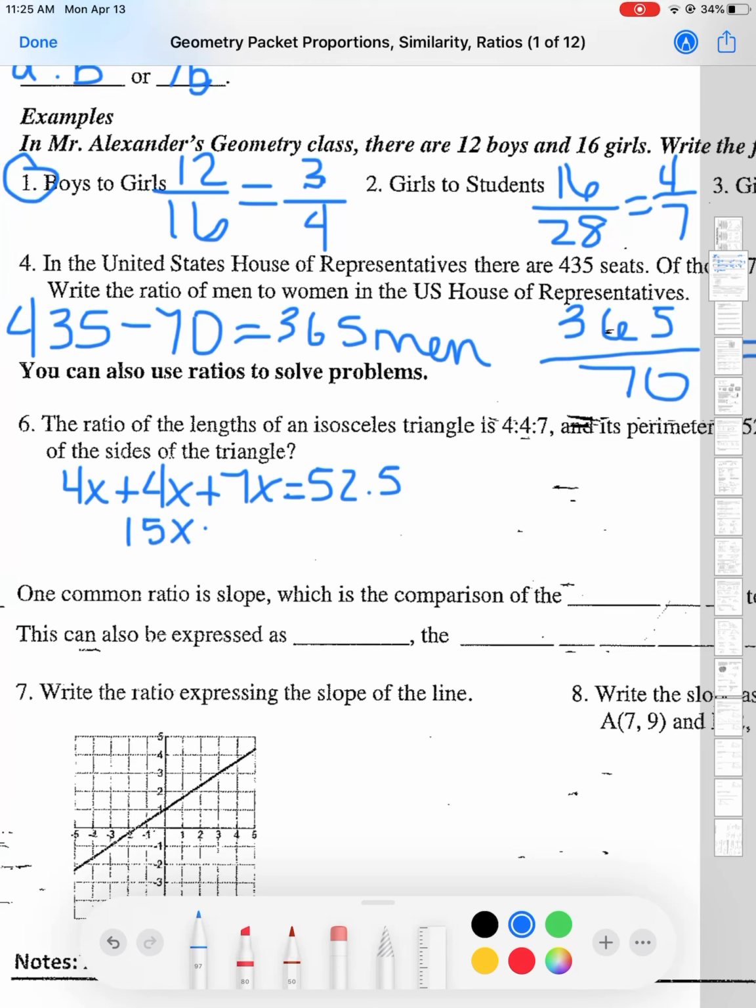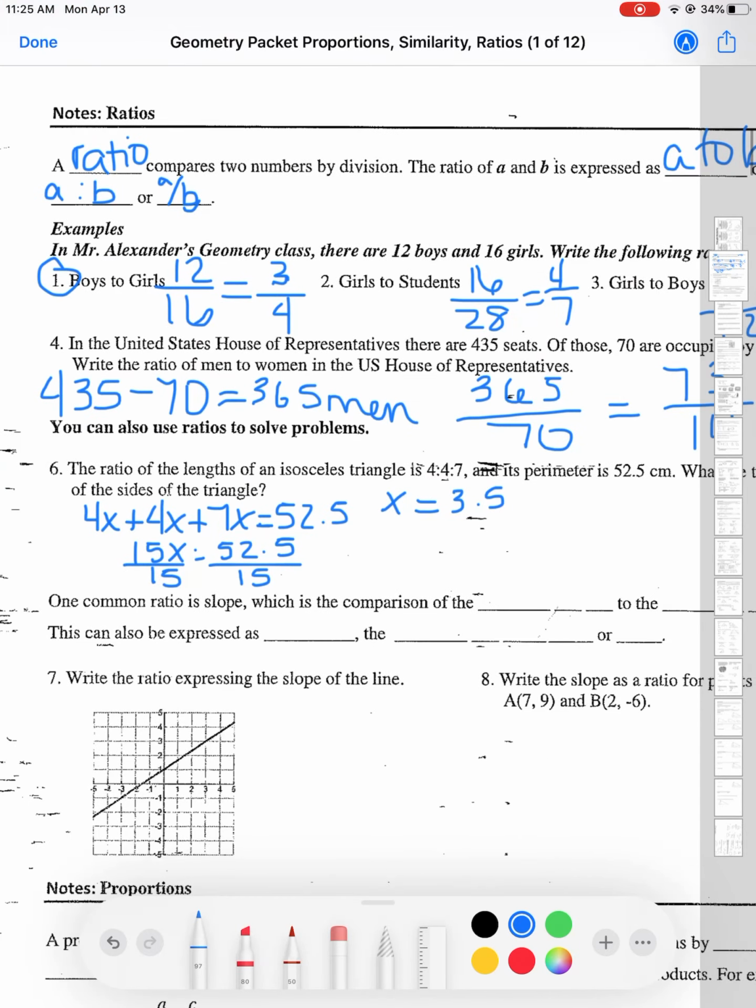So we're going to combine like terms. We would get 15x equals 52.5 and solve for x, so divide by 15. So we would get x equals 3.5.